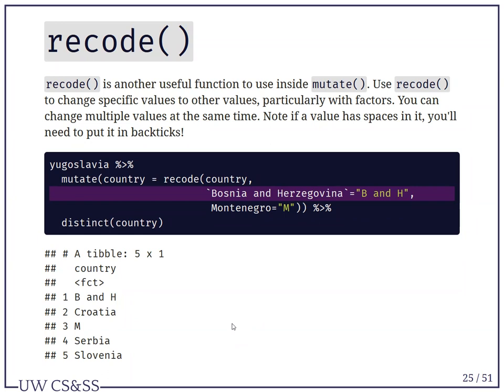We are going to be covering the tidyverse way to recode factors later on in this course using a package called forcats.